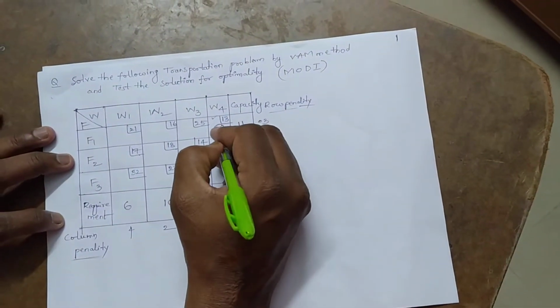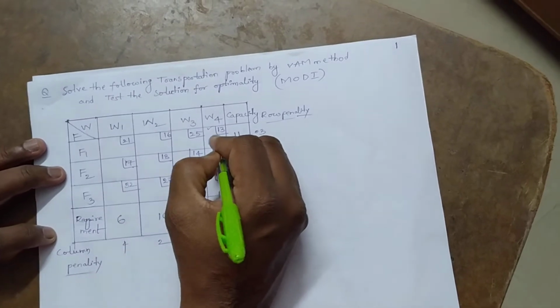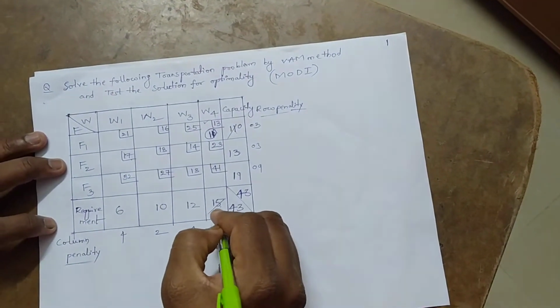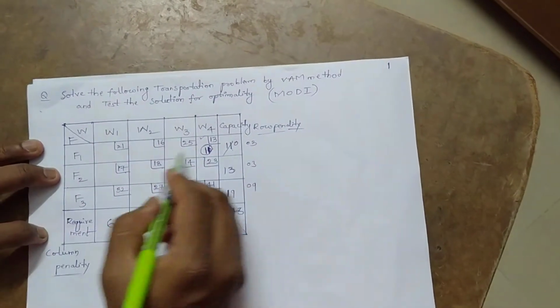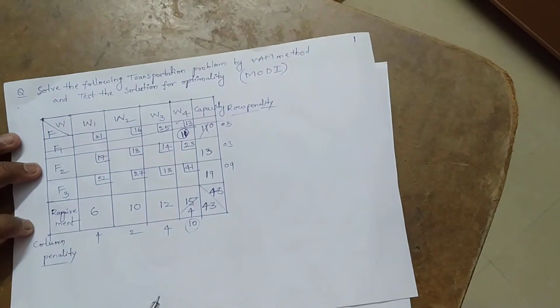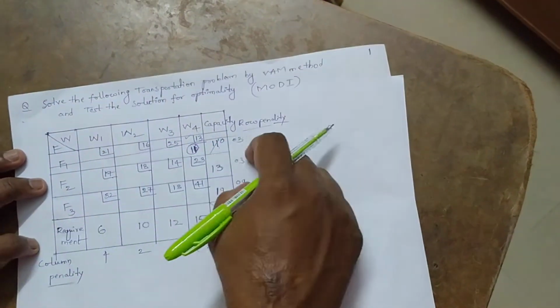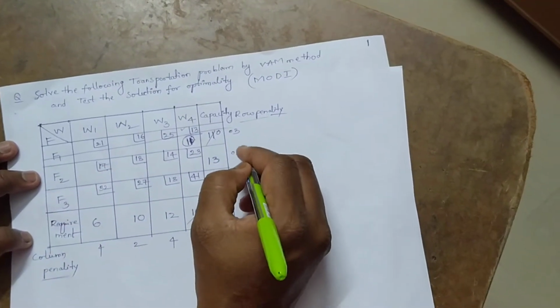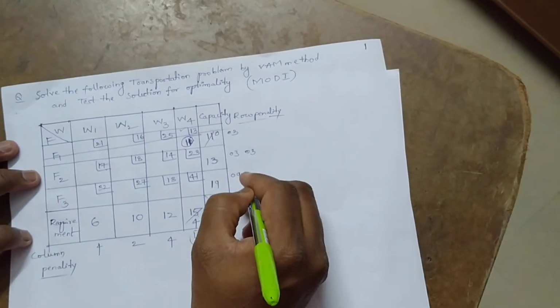So minimum of 11 and 15, 11 can be accommodated here, it can be made 0, and it will be adjusted with 4 here. That means if this particular row is completely satisfied, this will be completely eliminated. Since these two rows have not been changed, the penalties will remain the same, 03, 09.